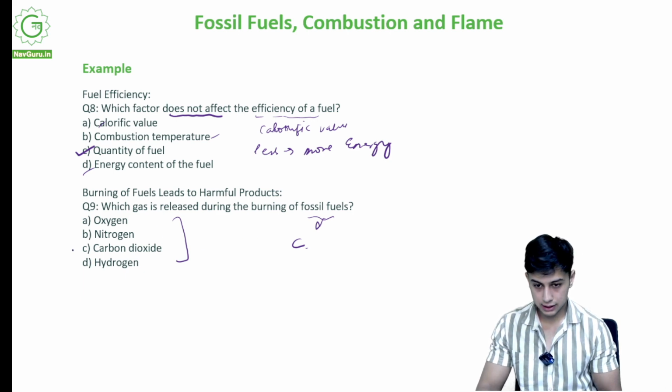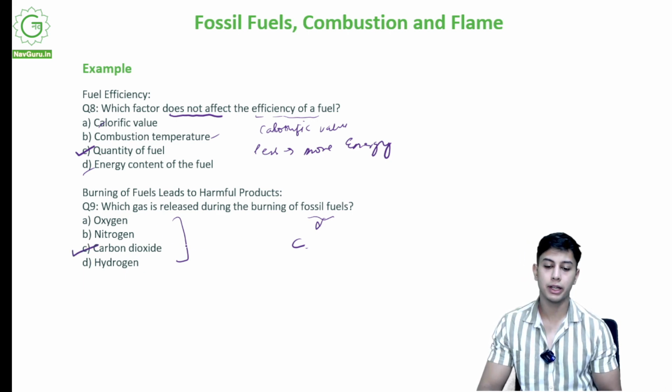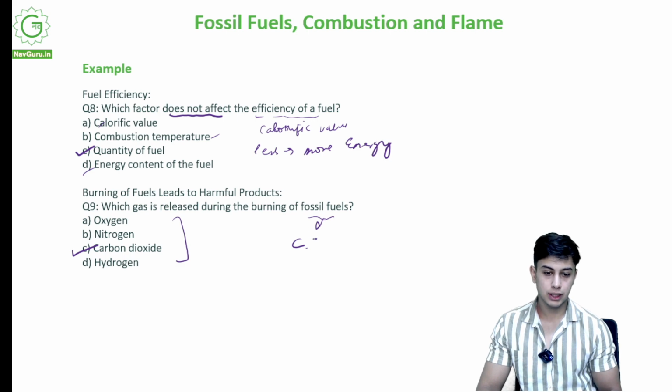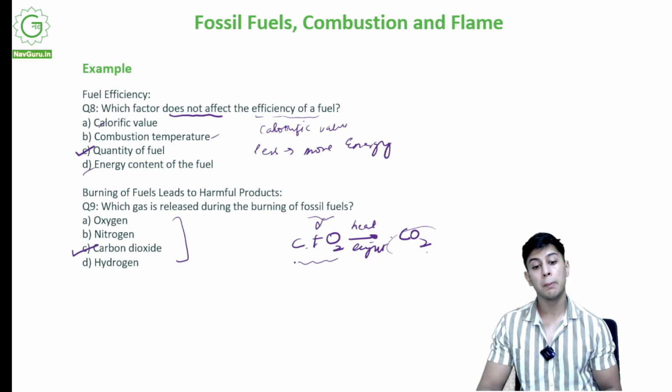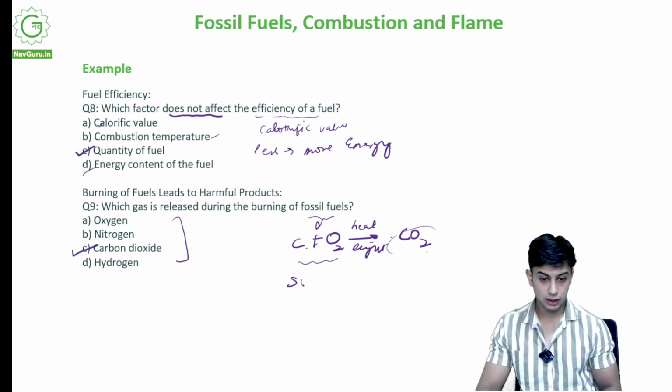So correct answer is C, carbon dioxide. Why? Because when I burn carbon, in presence of oxygen, heat and light is released and I get CO2. Fossil fuels when burned, or any fuel burned, will give you carbon dioxide, but it can also give us other pollutants. When they ask for pollutants: SO2, NO2.